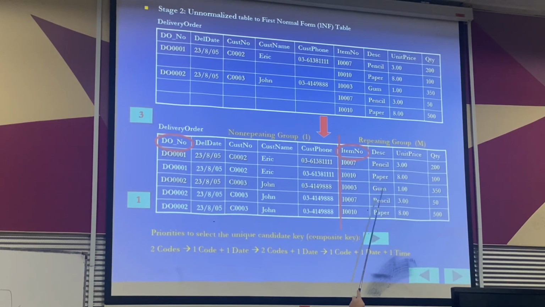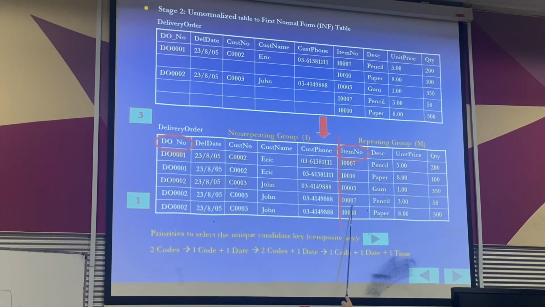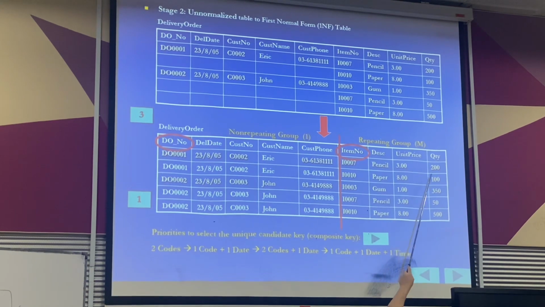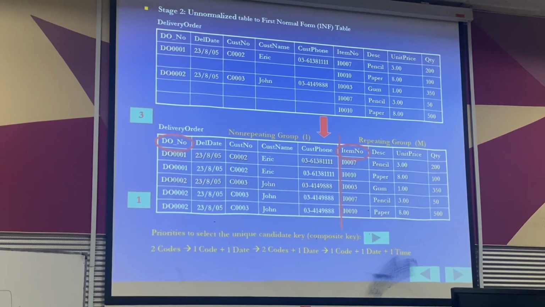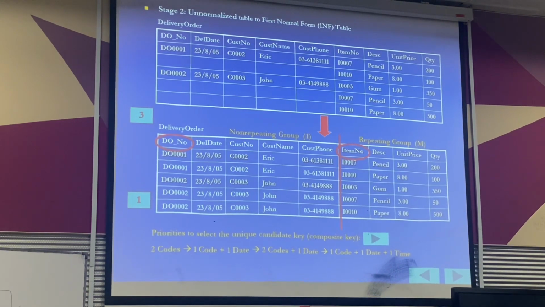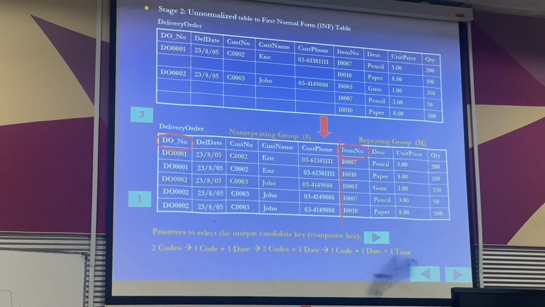See, you find the two same ones: pencil, 3 ringgit, and the quantity of 250 in DO 1. It means the quantity is based on two columns: which item and which order. Only the unit price and description can be known directly from the item number. Normally when you go to a shop, the price is the same for all pens of the same kind.